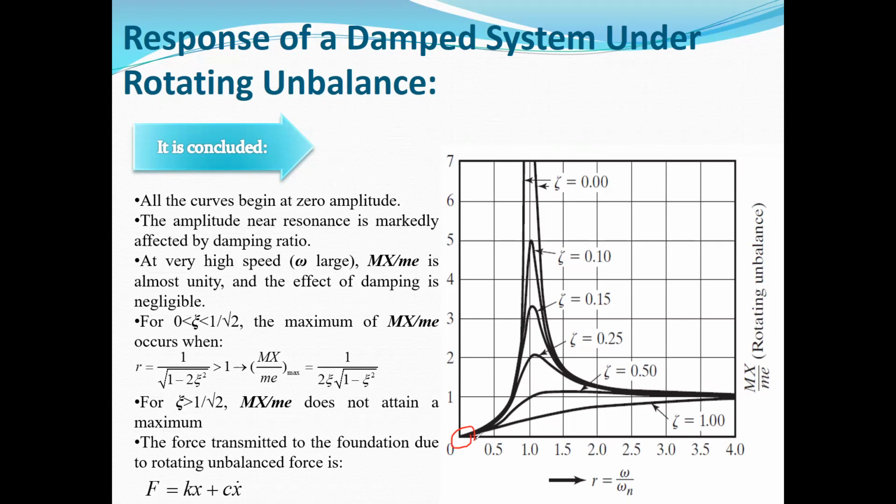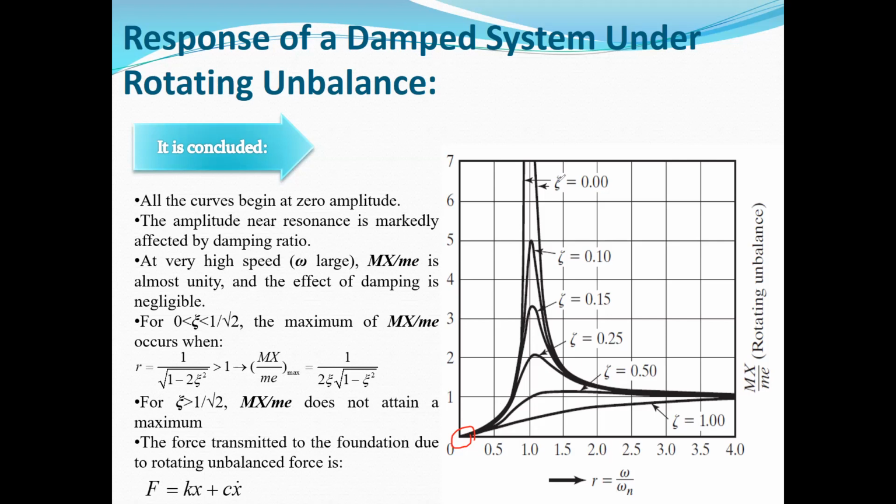So if this mass didn't have any rotation, or if this mass was at rest, there is no force in the system, and the particular solution or the steady state solution will be 0. So all of them start from 0 when omega is 0. This is the first conclusion.